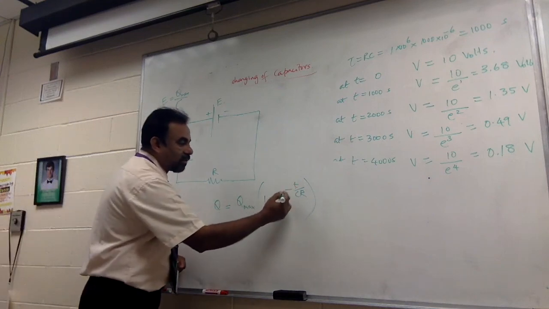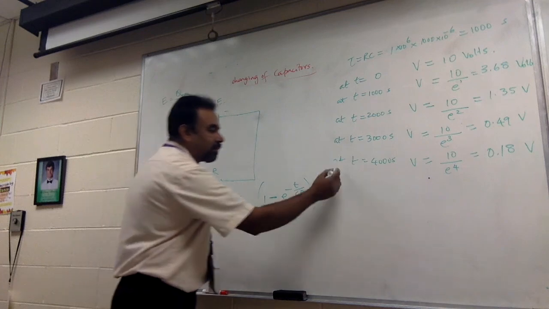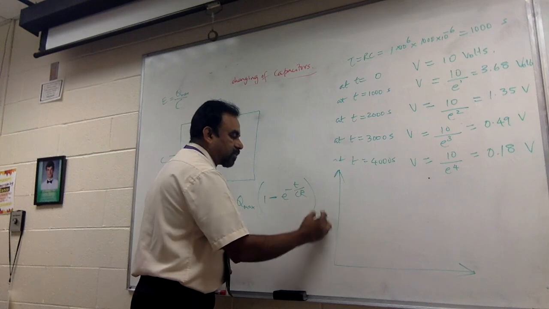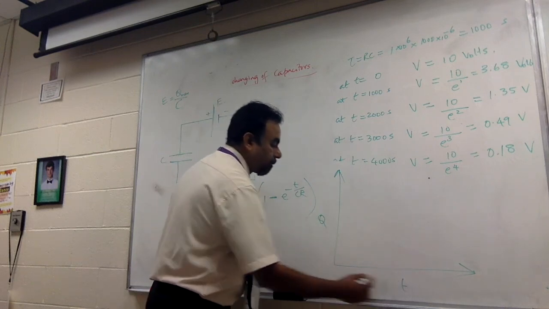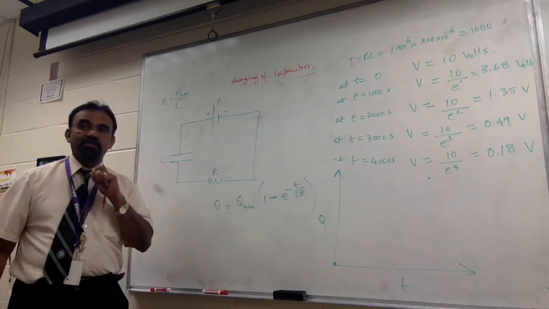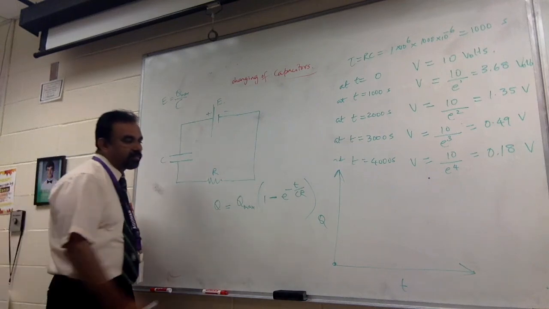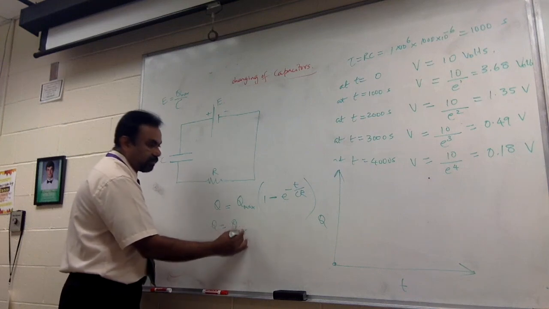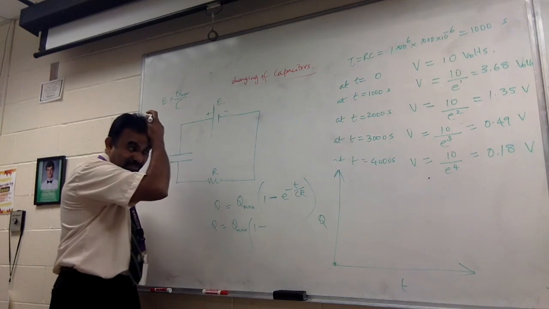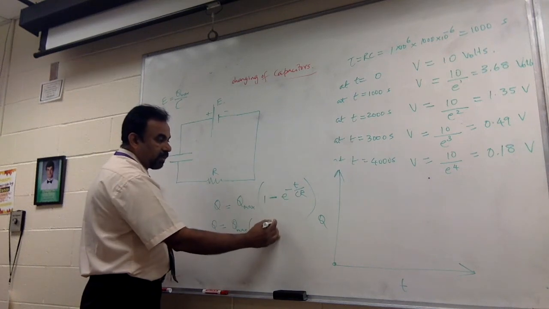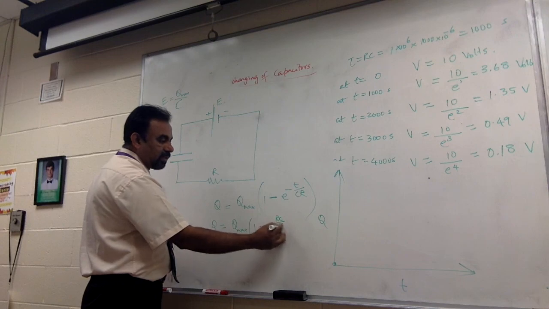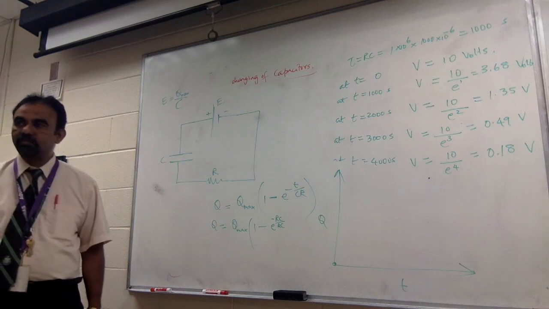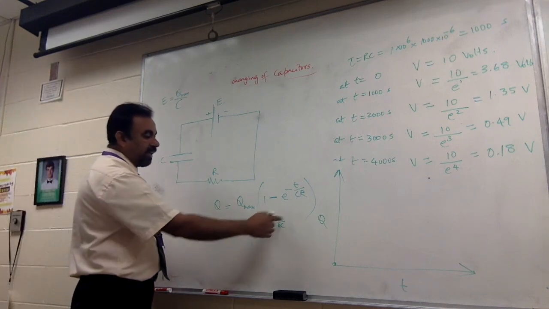Now, as time passes on, you can see the charge building up. That's the charge, and that's time 0. After one time constant, what is the Q that's going to exist? It's going to be 1 minus e to the power of RC over RC, which is e to the power of -1.